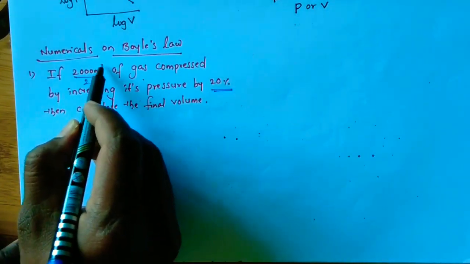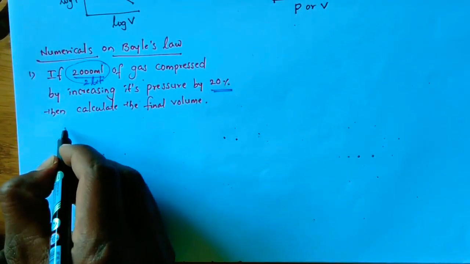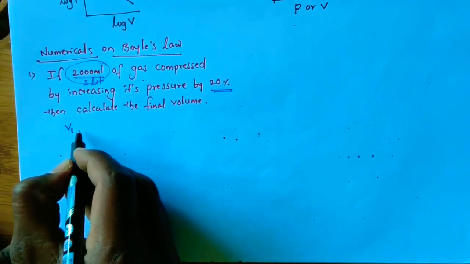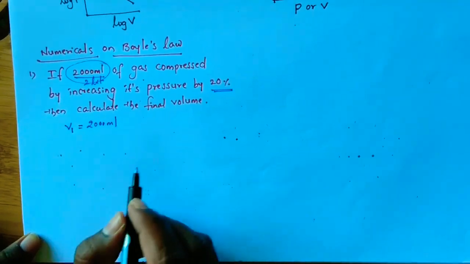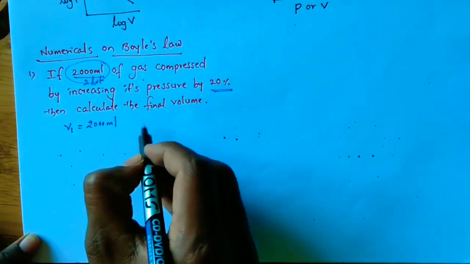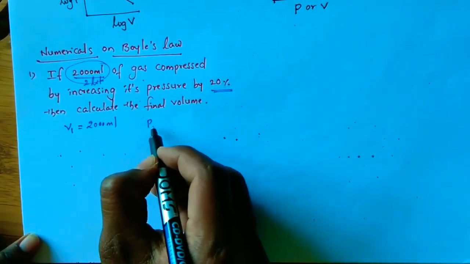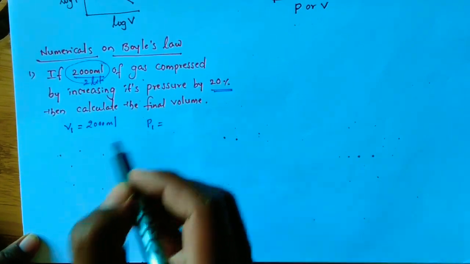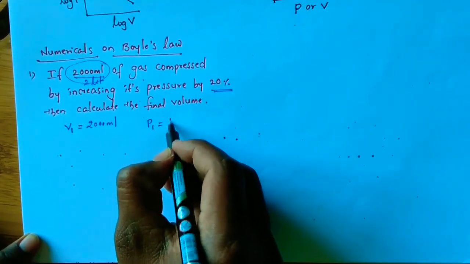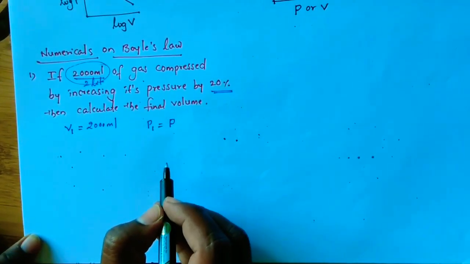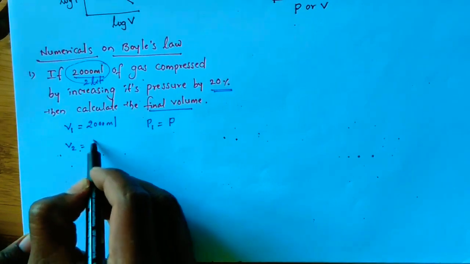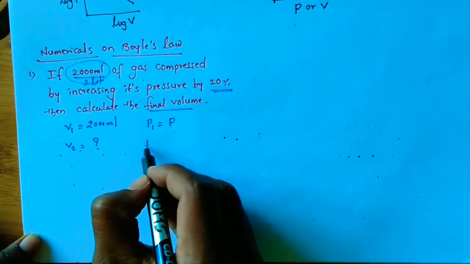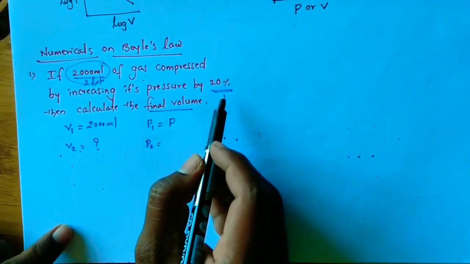So what is the initial volume of the gas? Initial volume V1 is 200 ml. What is the initial pressure? We don't know. In the question they did not mention the initial pressure, so just assume it is P. They are asking for the final volume V2, but P2 is increased by 20%.